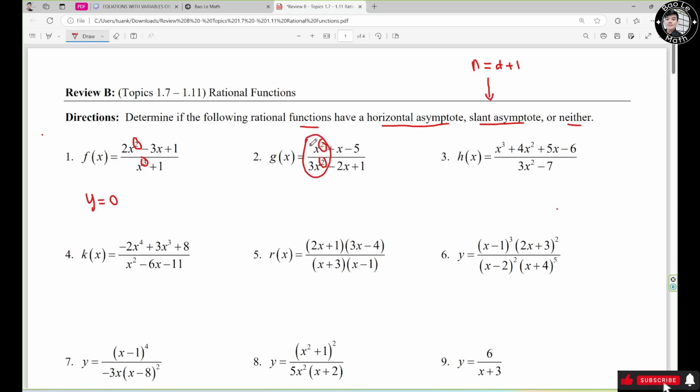The coefficients are 1 and 3, so the horizontal asymptote is 1/3. Now number 3, the numerator is 1 unit greater than the denominator, so we have a slant asymptote. Now question 4, the numerator is 2 units greater than the denominator, so this one should be neither.